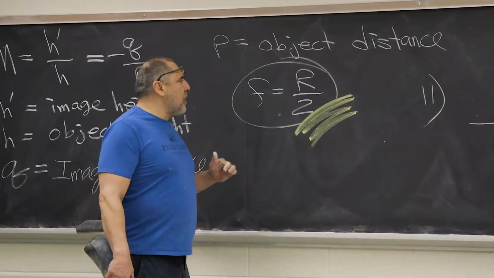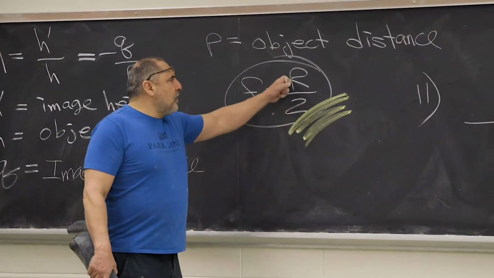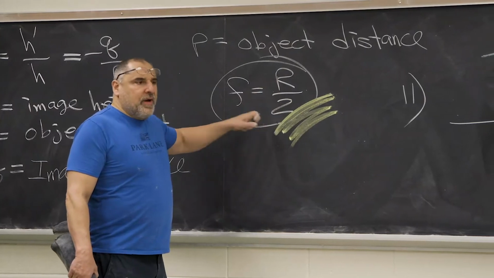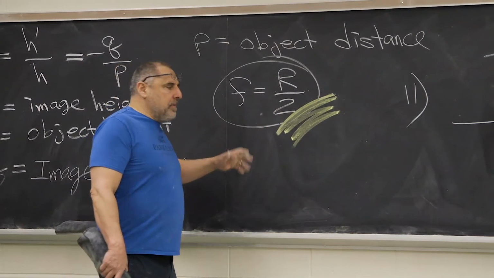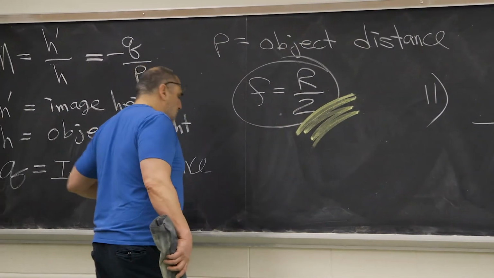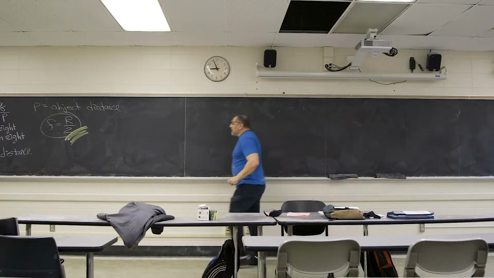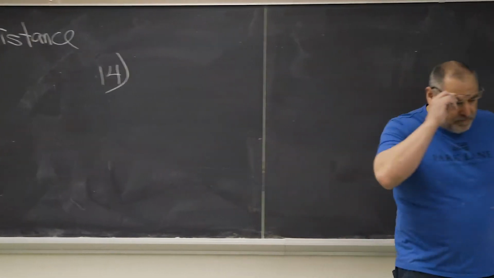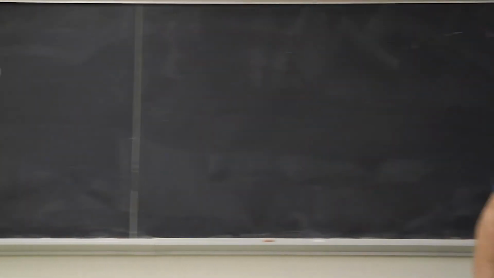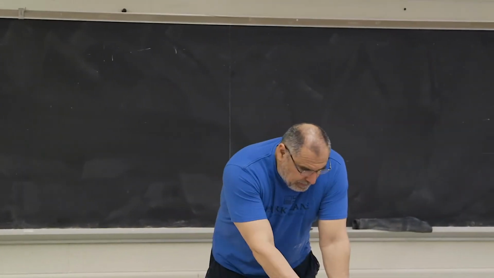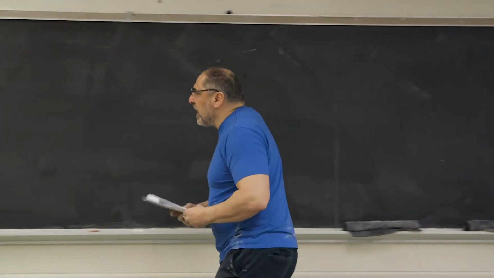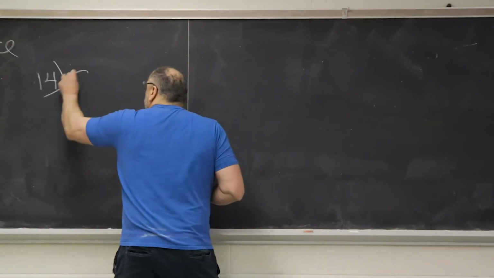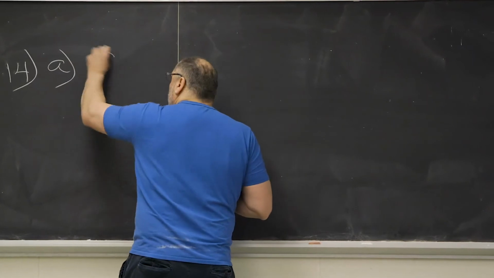If they gave us the radius of curvature, take it, divide by 2, and you'll get the focal length. So they made things pretty easy in that regard. Okay, so for 14, it's pretty straightforward stuff. They want the focal length. That should go pretty smoothly.